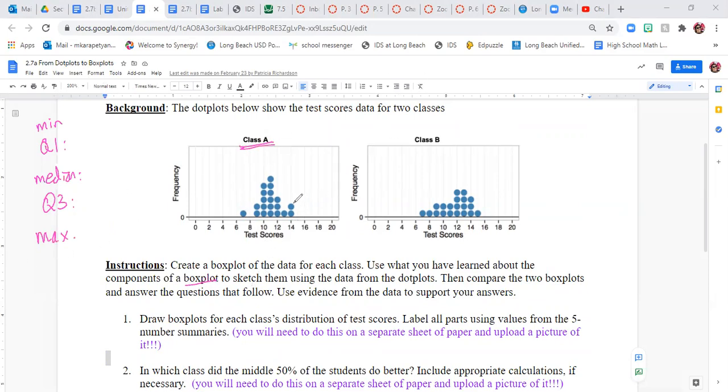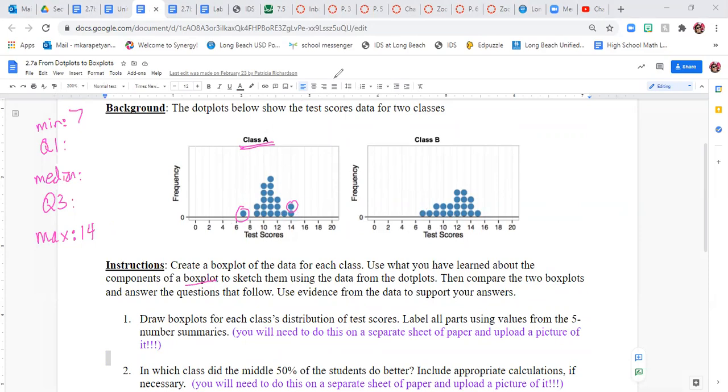The minimum and the maximum should be really easy to see. Here's my lowest dot, here's my highest dot. So this is going to be a 7 for my minimum, and my maximum is a 14.